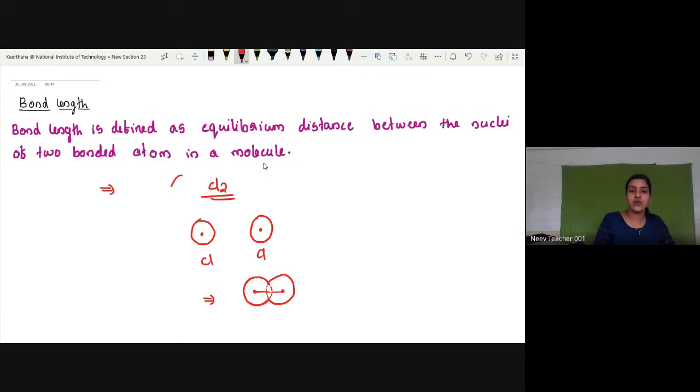And we know the overlapping occurs when they form a bond, so it will not be equal to the actual sum of the radii of the two atoms. If you just add the normal independent chlorine atom radii, it will not be equal to the bond length in chlorine, because overlapping occurs between the atoms when they form a molecule.